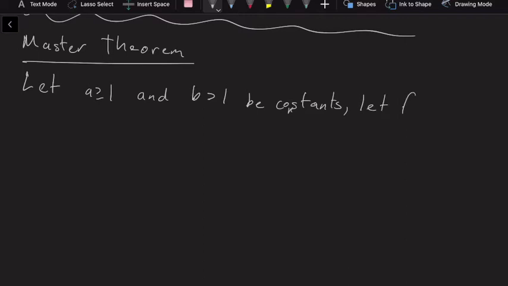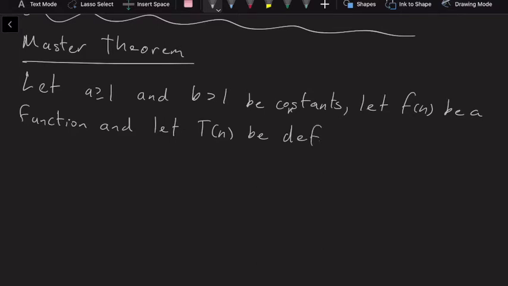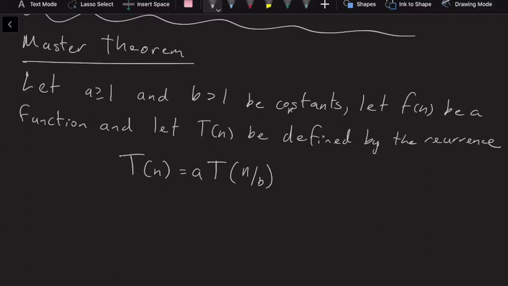Then let f of n be a function, and let T of n be defined by the recurrence T of n is that constant a times T of n divided by b plus f of n.